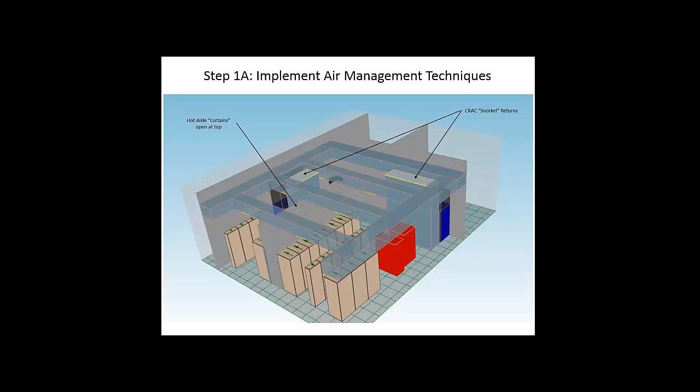A snorkel is the idea of putting a duct up into the air where the hot air is. The hot air naturally floats to the top of this room, and I want to go get it before it cools off. So these are just ducts. This is sheet metal. It's not very expensive. And you put these on the front, and it pulls the hot air down from up on top.